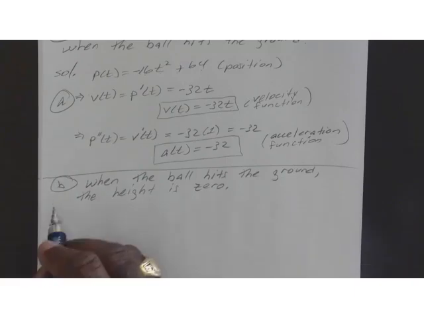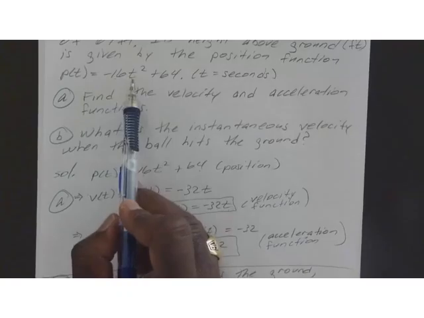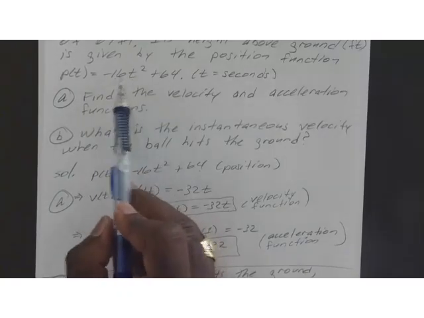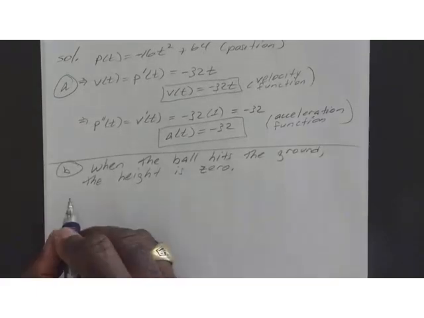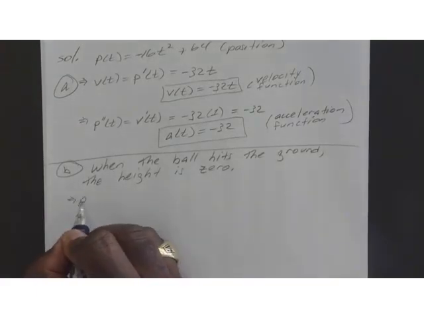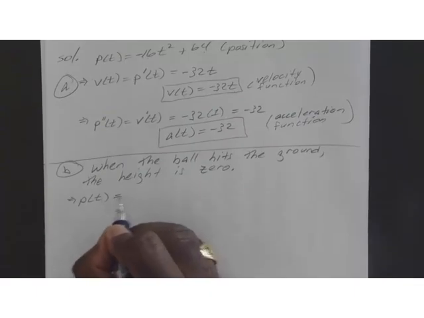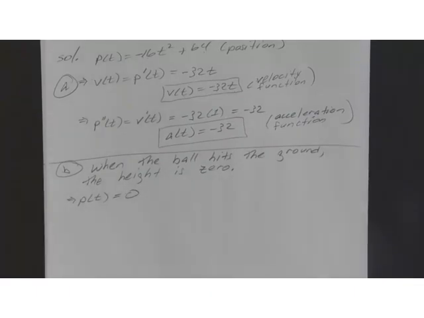Since the height is represented by P of t equals negative 16t squared plus 64, that means the ball hits the ground when that height, P of t, is equal to 0. Well, the position is 0.